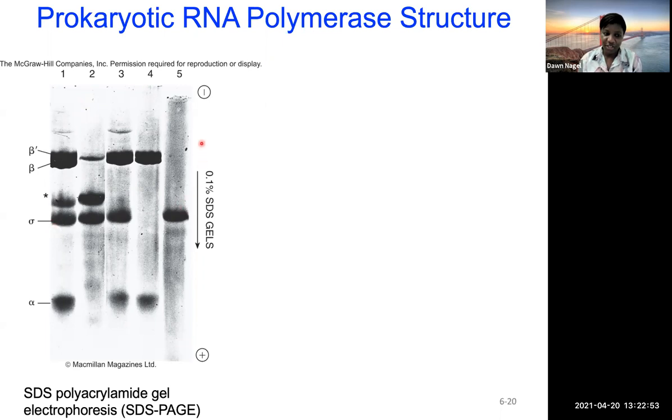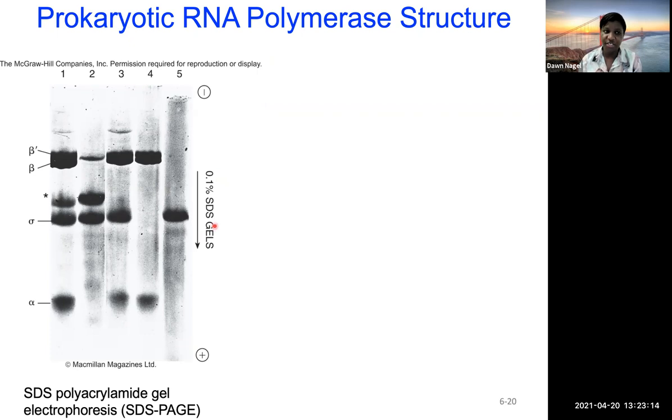And this gel is also run using electricity, right? So negative to positive. The charge of the proteins is made to be negative by the use of this detergent called SDS.